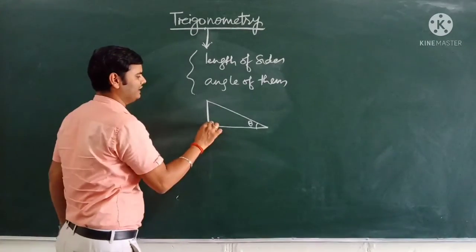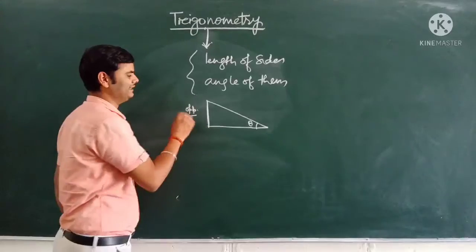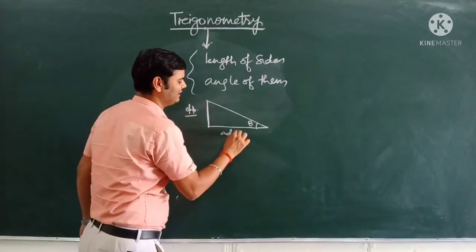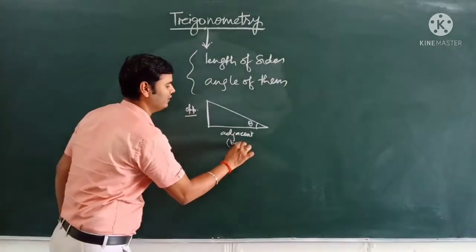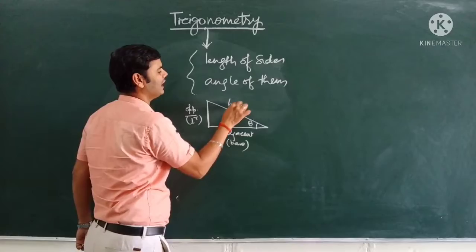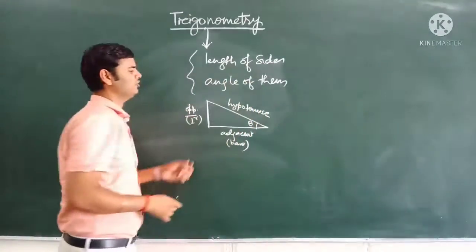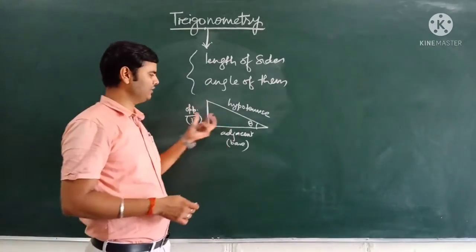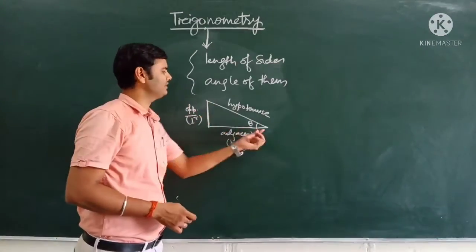This side is known as opposite or perpendicular, this one is adjacent, which we will call the base, and this one is the hypotenuse. So trigonometry is a function which relates an angle to the length of the sides.